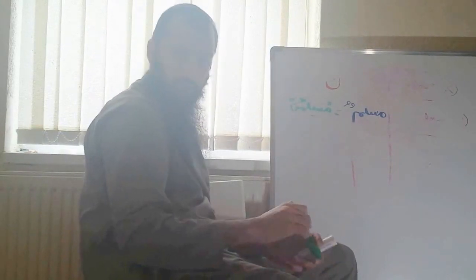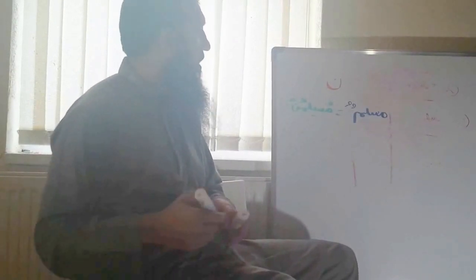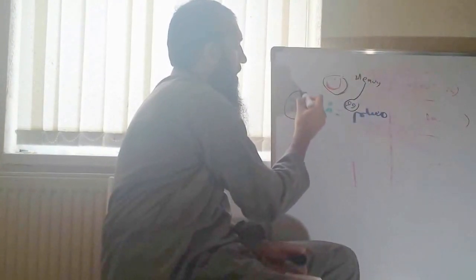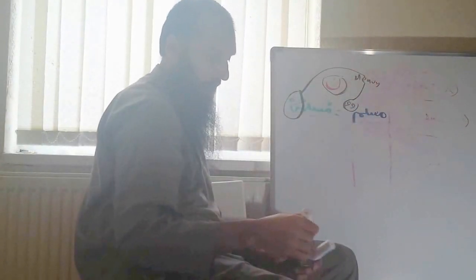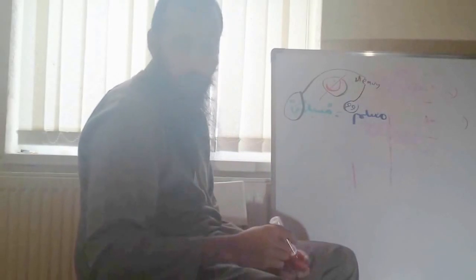The reason why I say the noon is important is because this is what makes it heavy. To make it light, what do we do? We remove the noon. That's how we make it light.